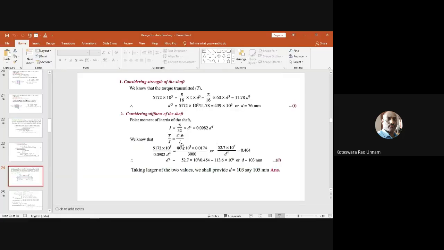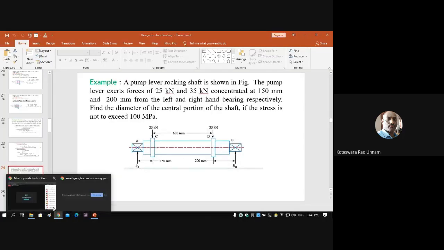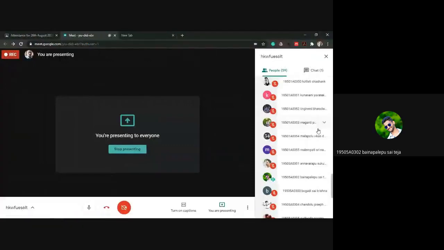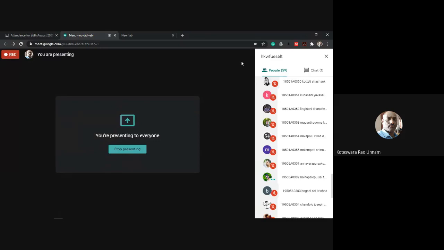What is the bending equation? I want to know from somebody else here. M by I is equal to sigma by y is equal to E by R. What are those things? M is the applied bending moment. I is the area moment of inertia.